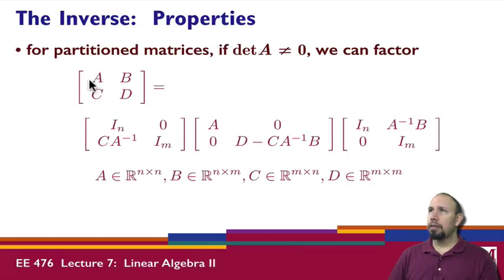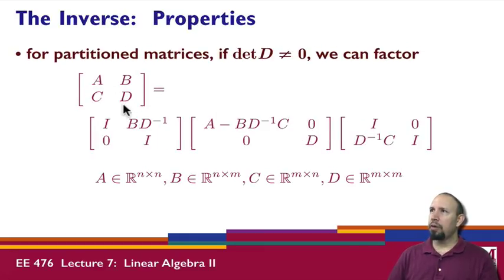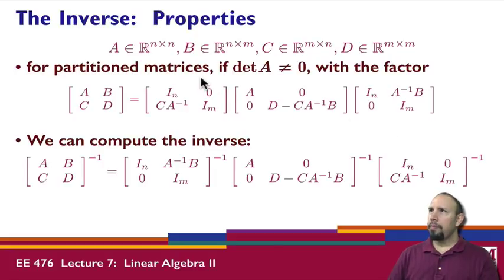So if this submatrix is non-singular, we can factor that partition matrix this way. If this submatrix down here is non-singular, then we can factor it this way. So we have these various factorizations. So if, again, the determinant of A is non-zero and we have this factor, we can compute the inverse of this matrix this way.